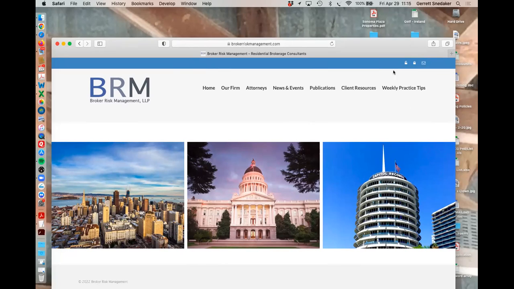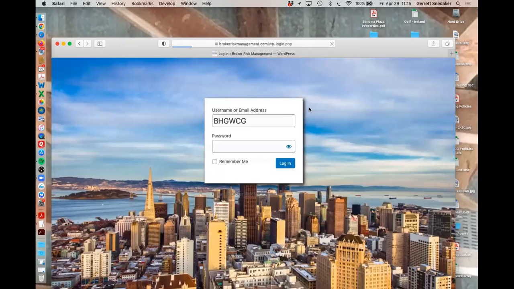And then for your login, it's kind of small, but this is an unlock, that's a log out, and this is a login. So you go to login and our username is right there, BHGWCG, all caps.